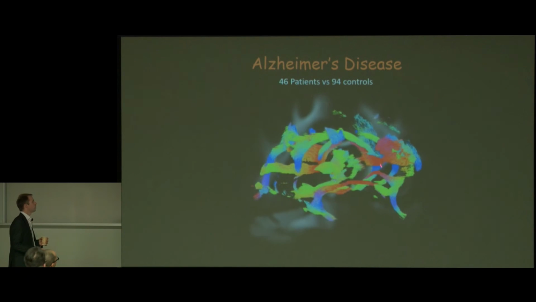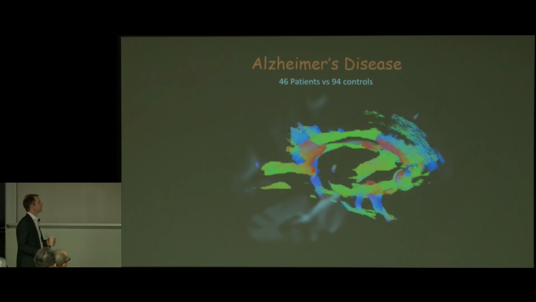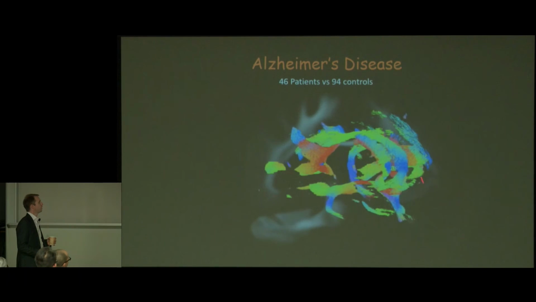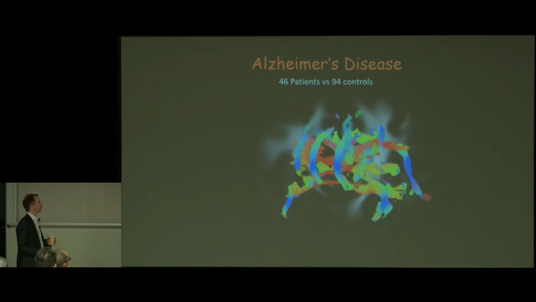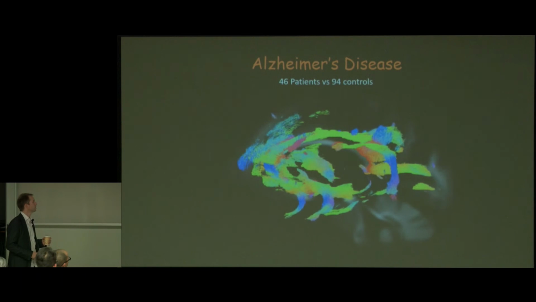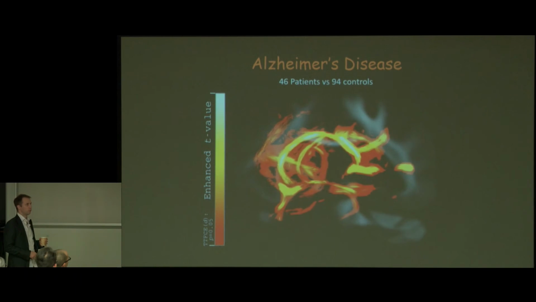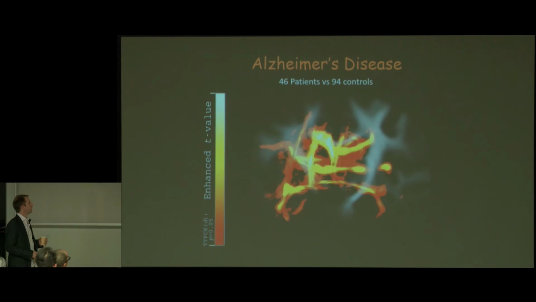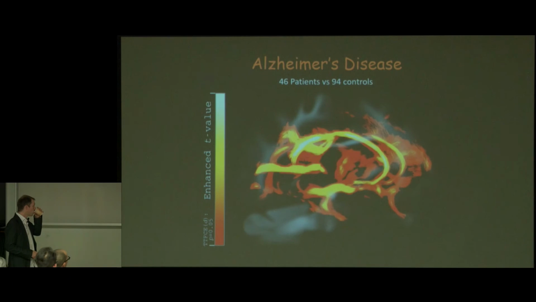And you can see a lot of the tracts here have been reported before in the literature in different studies. As far as I understand, this is one of the few studies where you can see pretty much all of these tracts together in one analysis coming out. Mostly left lateralized. Apparently that's a hallmark as well of Alzheimer's. And again, color-coded by enhanced t-value in this case.